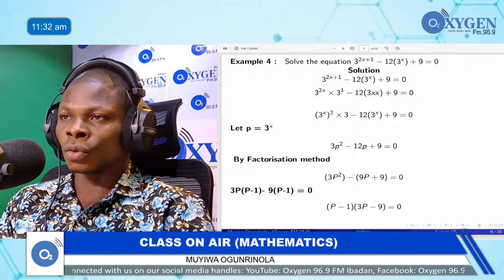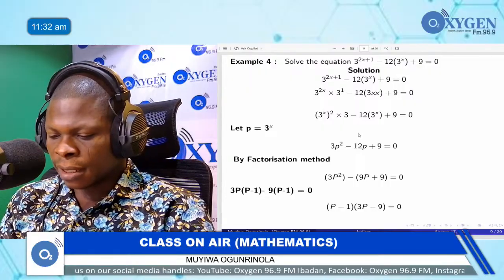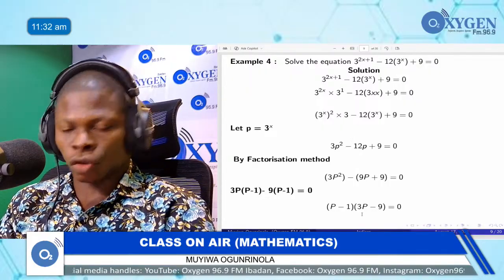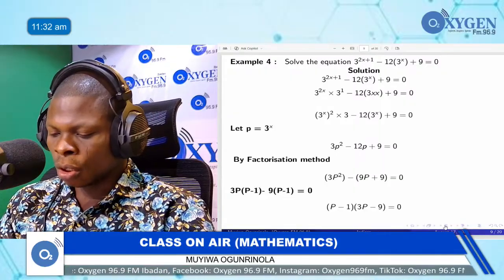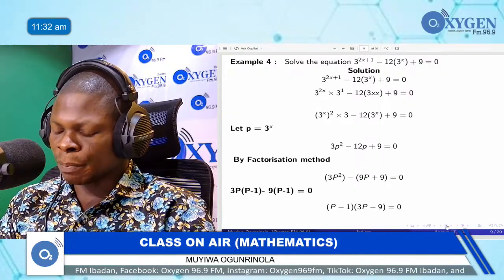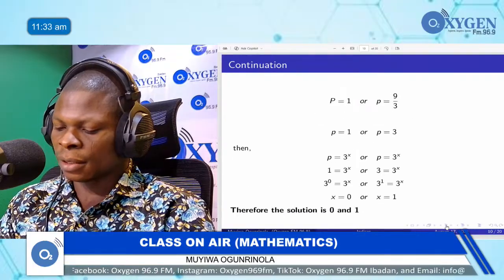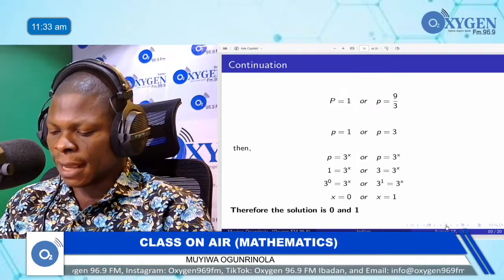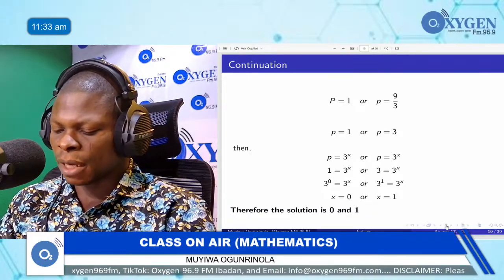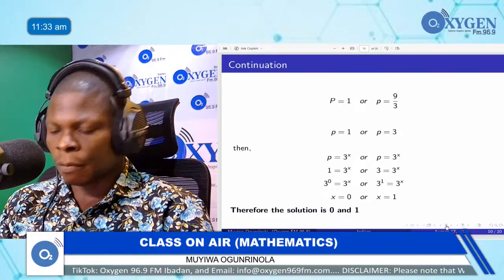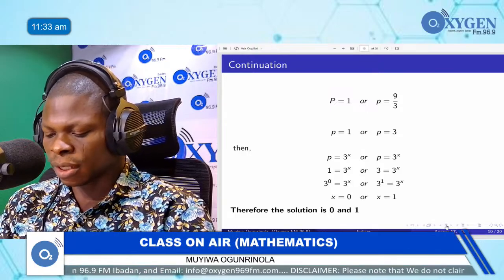Then p is equal to 1 or 3p is equal to 9, so p is equal to 9 over 3, and 3 goes into 9 three times. So our value for p will be p is equal to 1 or p is equal to 3.